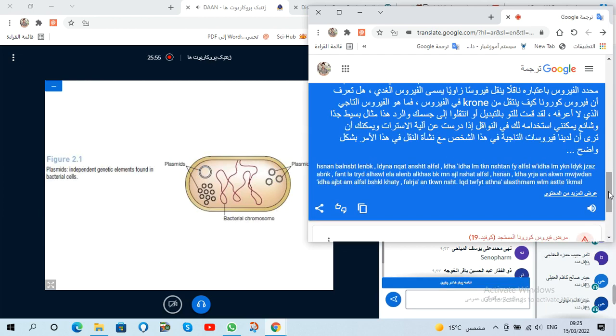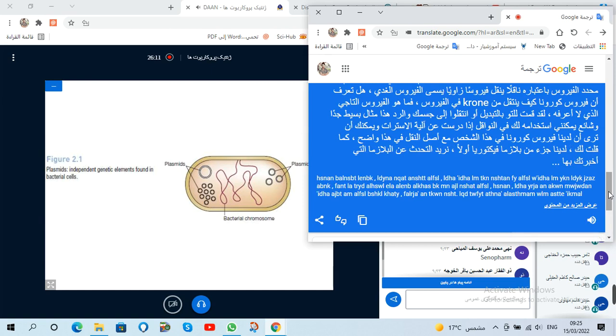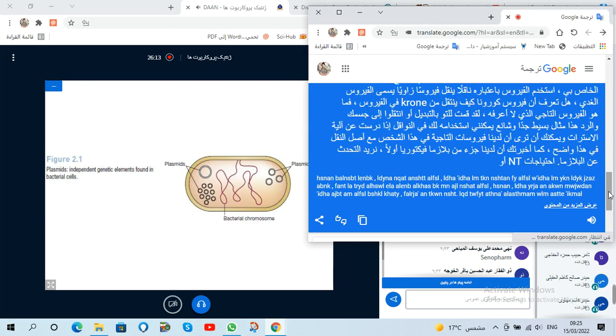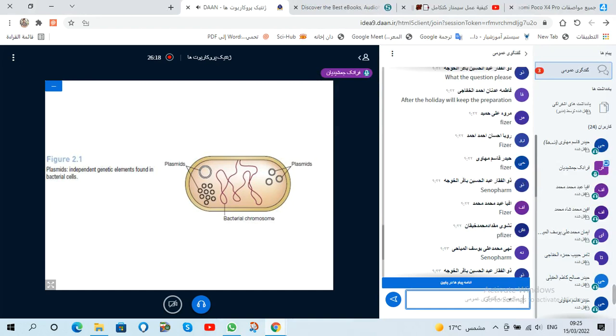So, as I told you, we have different types of vectors. First of all is plasmid. We want to talk about the plasmid. I told you plasmids are circular molecules of DNA that lead an independent existence in the bacteria.